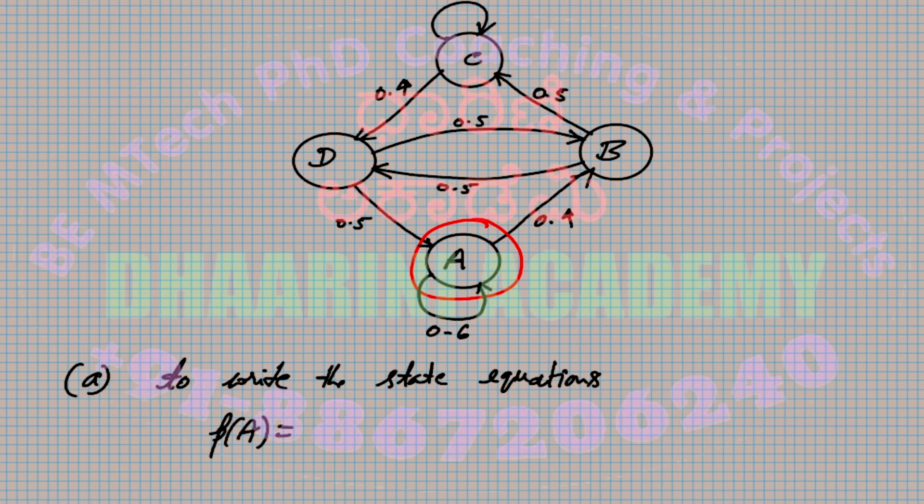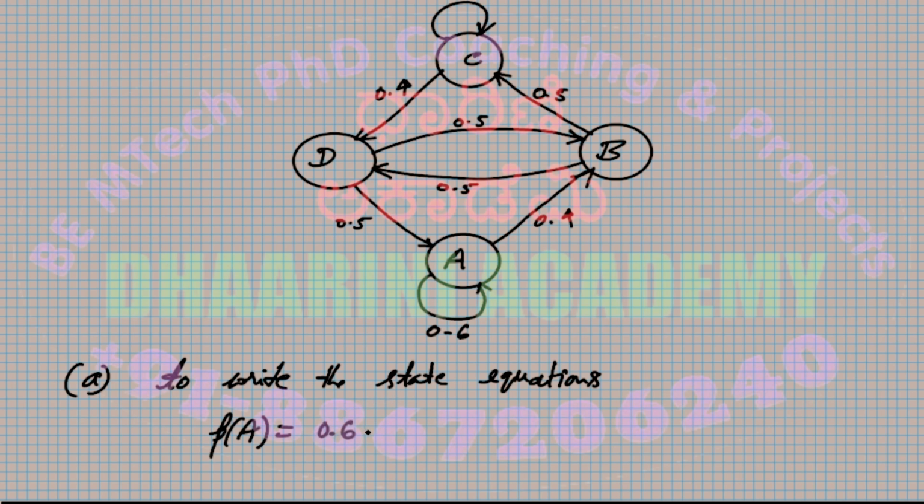So the chance of reaching A, that is probability of A, equals: already I should be in A, then only I'll be able to reach that. 60% of the time you come from P of A, plus 0.5 times you might come from D. This is equation 1.